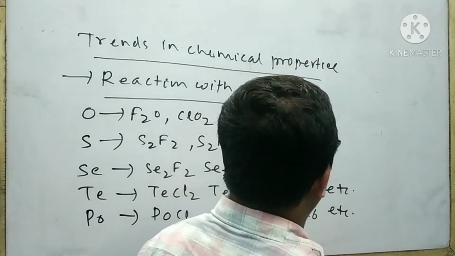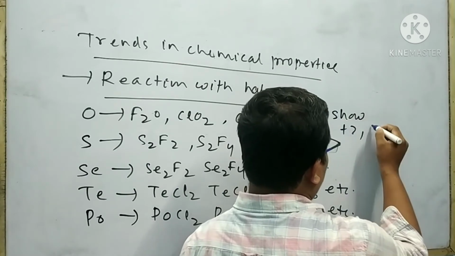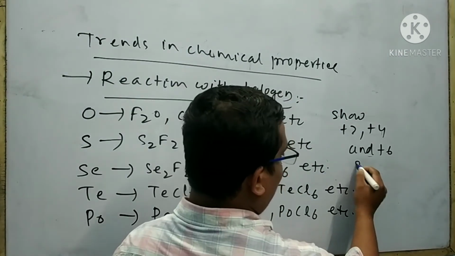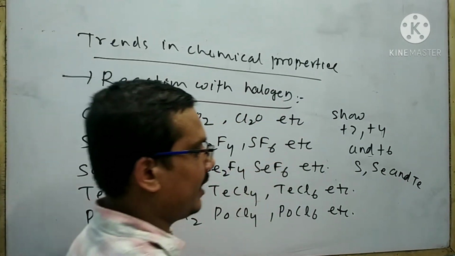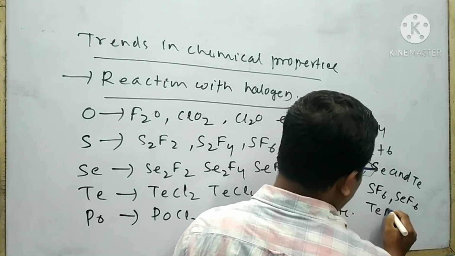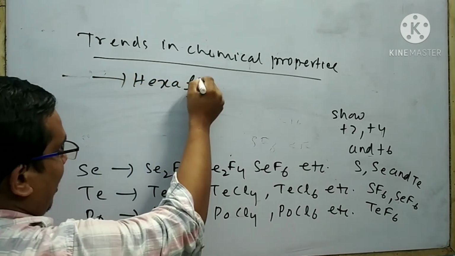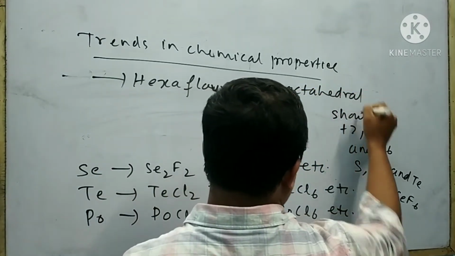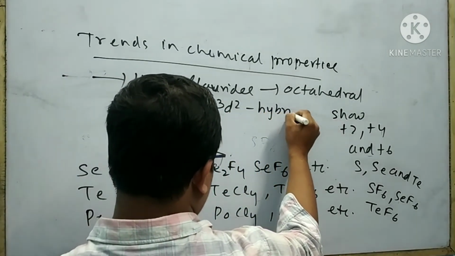Generally, the group 16 elements in the halides show +2, +4 and +6 oxidation states. Sulfur, selenium and tellurium can form hexafluorides such as SF6, SeF6, TeF6 respectively. Hexafluorides are octahedral and sp3d2 hybridized.